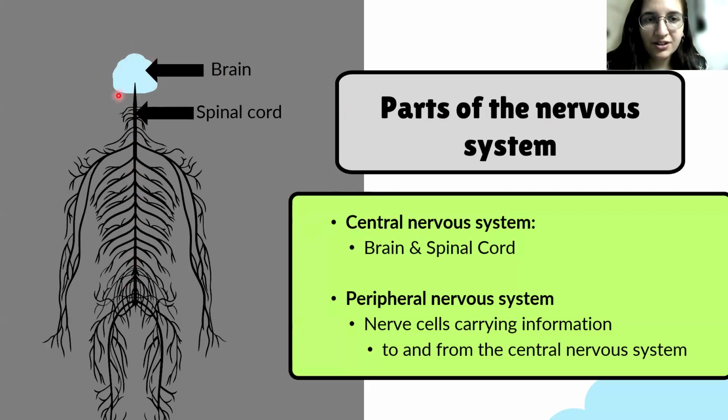And then we have the peripheral nervous system, which involves the rest of the nerves that carry information to the rest of the body. The nerves carry information to and from the central nervous system, but this would be the main center of nerve impulses, where the nerve impulses are being generated and radiated to the rest of the body and back to the brain.